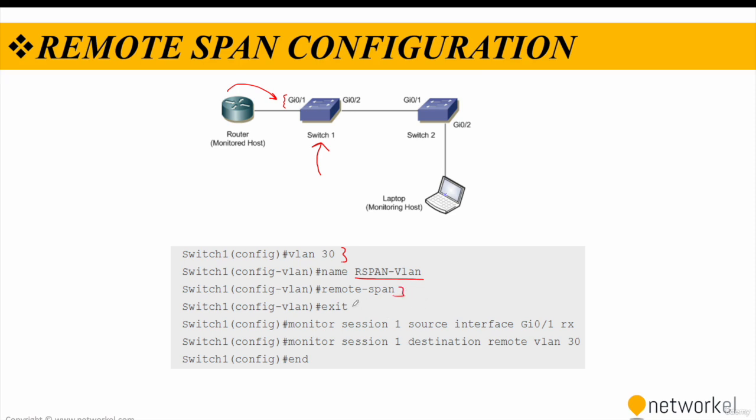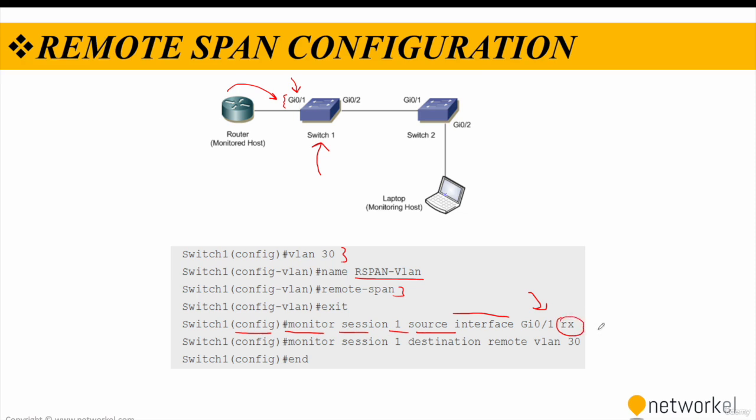Okay, then I'm going to the config mode once again, and I'm typing monitor session 1 source, the interface that my monitored hosts are connected to. In this case it is interface Gig 0/1, and here I am using the RX keyword.